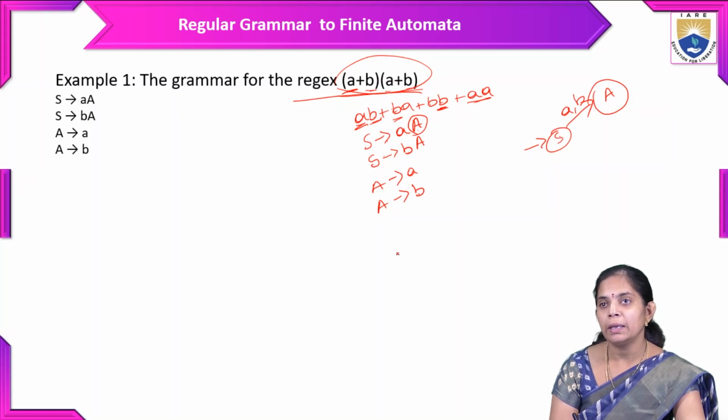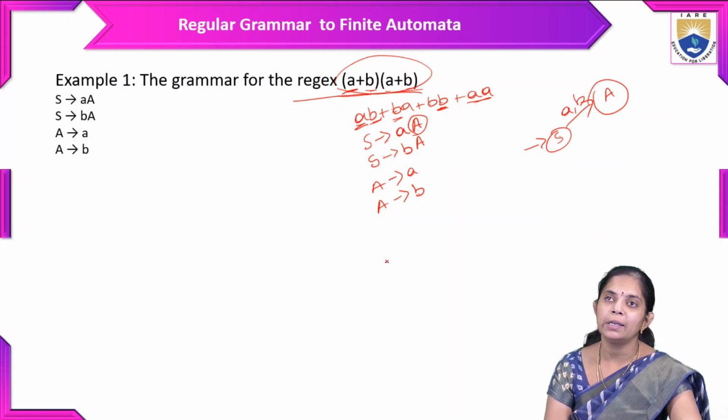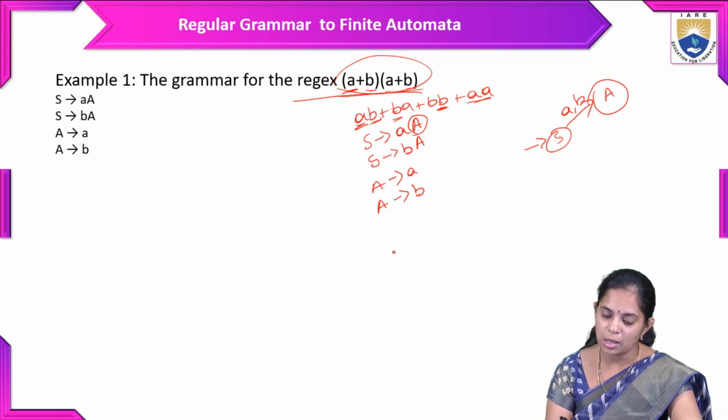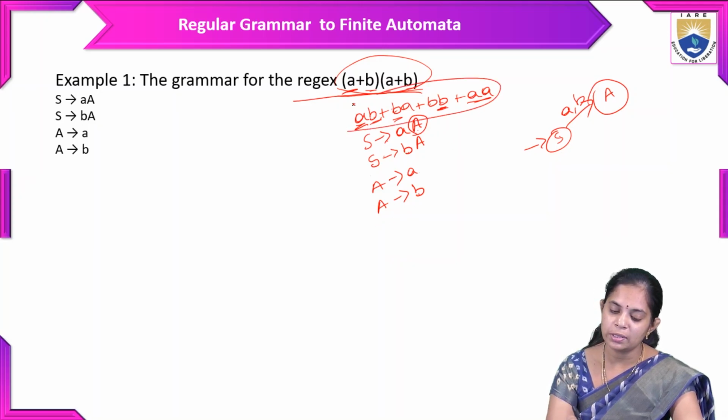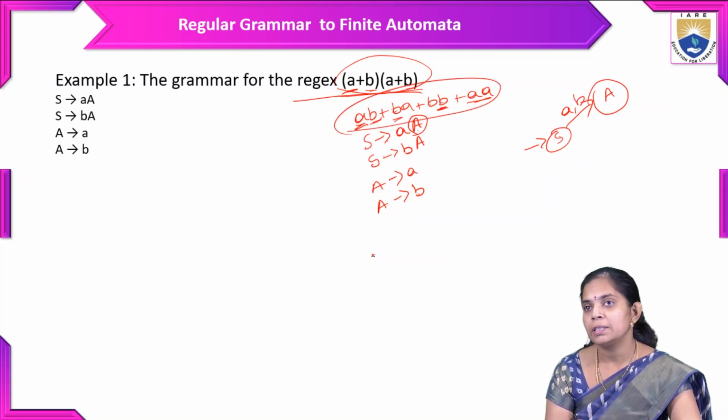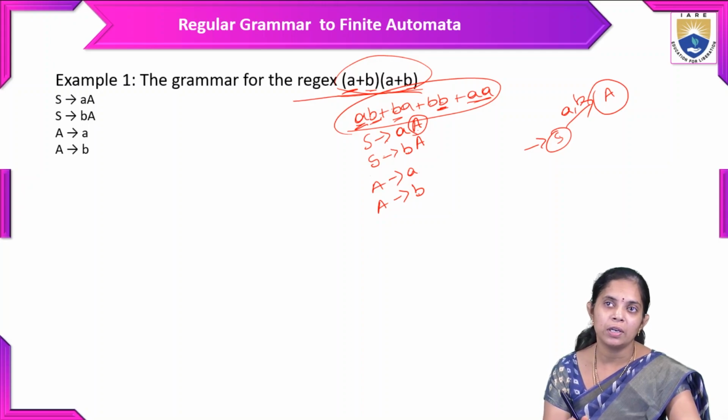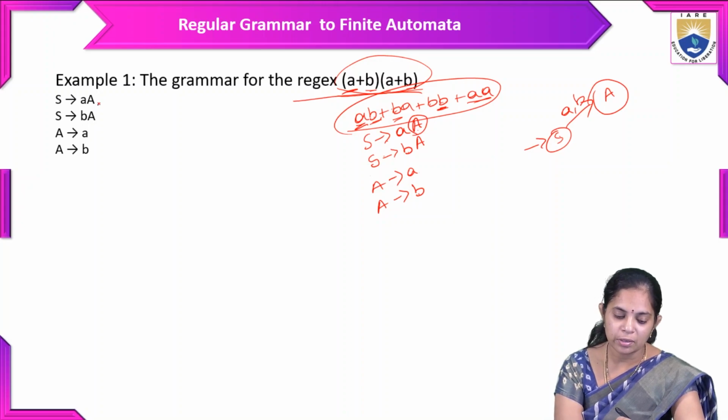So here A tends to a or A tends to b. This is how we have to satisfy the whole regular expression, and this is how we convert the regular expression into a regular grammar. And these are the regular grammar rules for this regular expression.